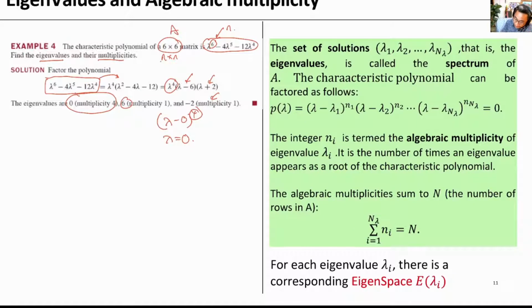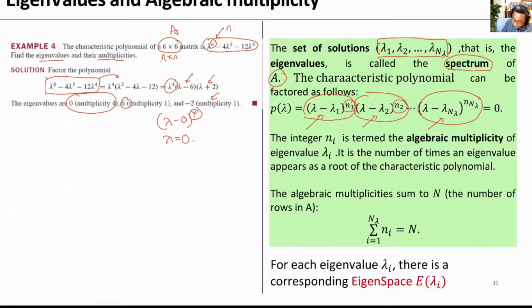Alright, let's turn our attention to the right hand side now. The set of solutions of the eigenvalue problem is sometimes also called the spectrum of A. So when we say find the spectrum of A, we're actually asking you to find the eigenvalues of A. The characteristic polynomial can be factored in this form, so that we can identify lambda equals lambda 1, lambda 2, and so on, and the powers here tell us the multiplicity.